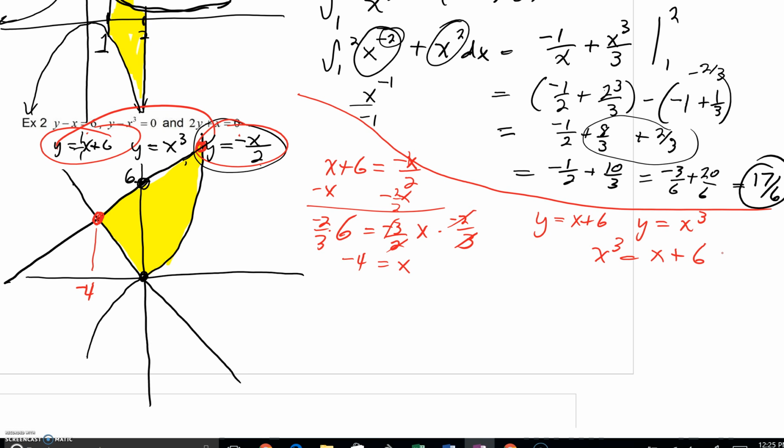Now, by the way, you did solve that in Algebra 2, where you'd get everything on one side, use the rational root theorem, and try to find what zeros would make that equation true.